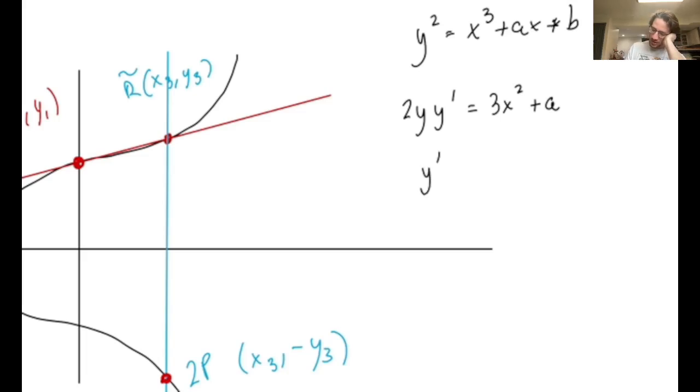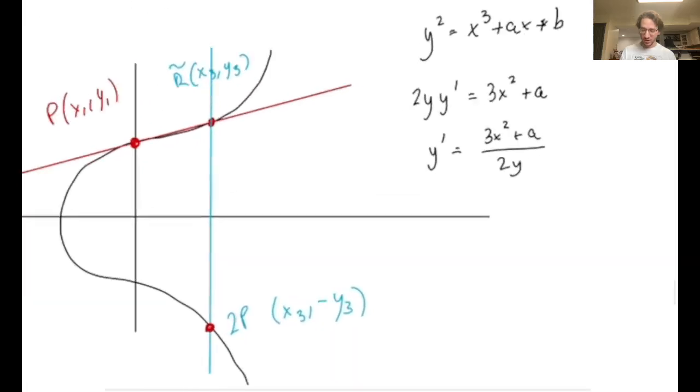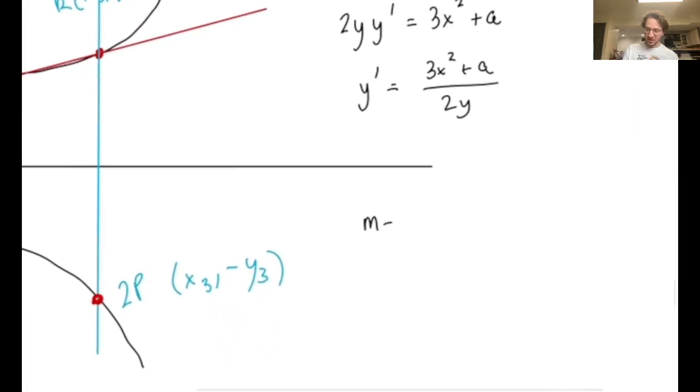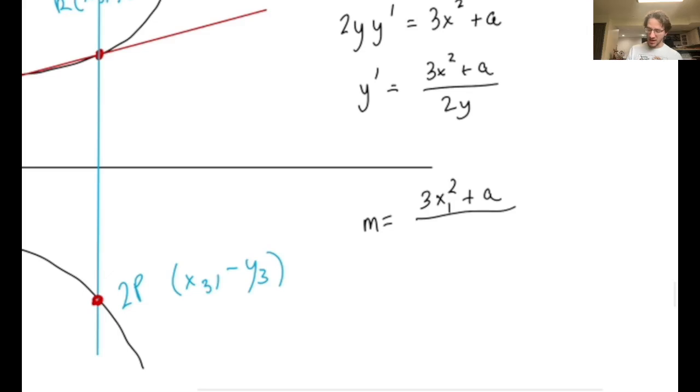So that y prime is 3x squared plus a over 2y. This is the slope that we're going to use. And in particular, the slope of the tangent line, m, is 3x1 squared plus a, that a is coming from the elliptic curve, divided by 2y1.